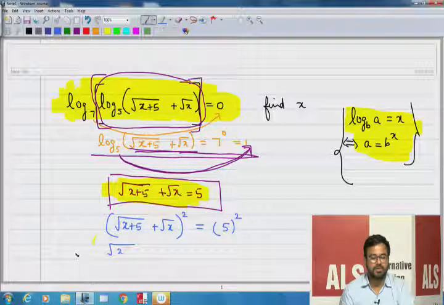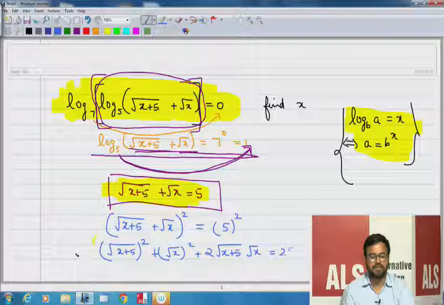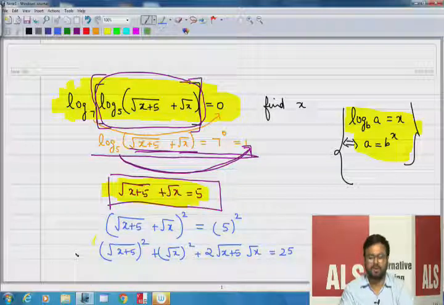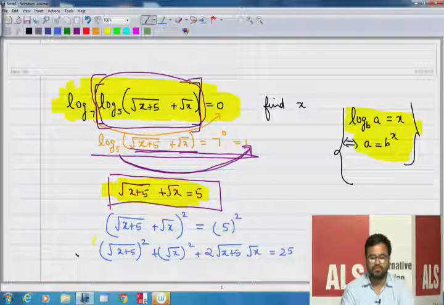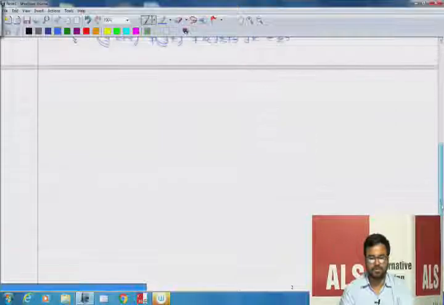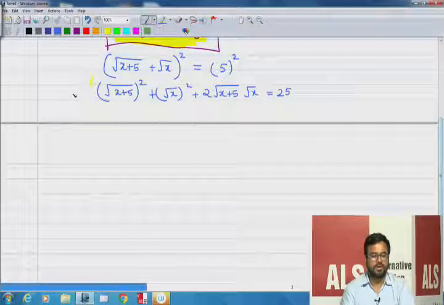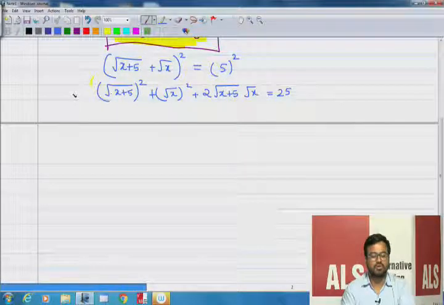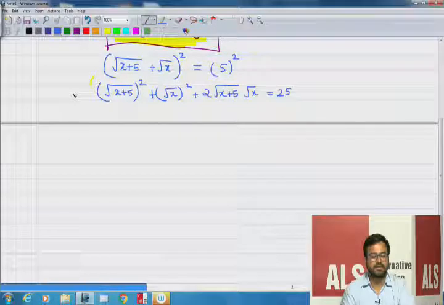So it will be a square plus b square plus 2 times ab, and on the right hand side it is going to be 25. Now if you take the square of root of x plus 5, that will become only x plus 5.